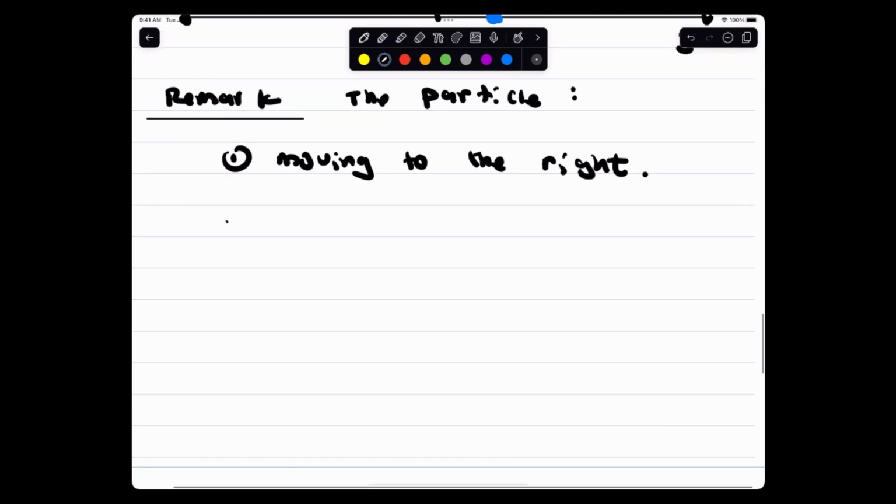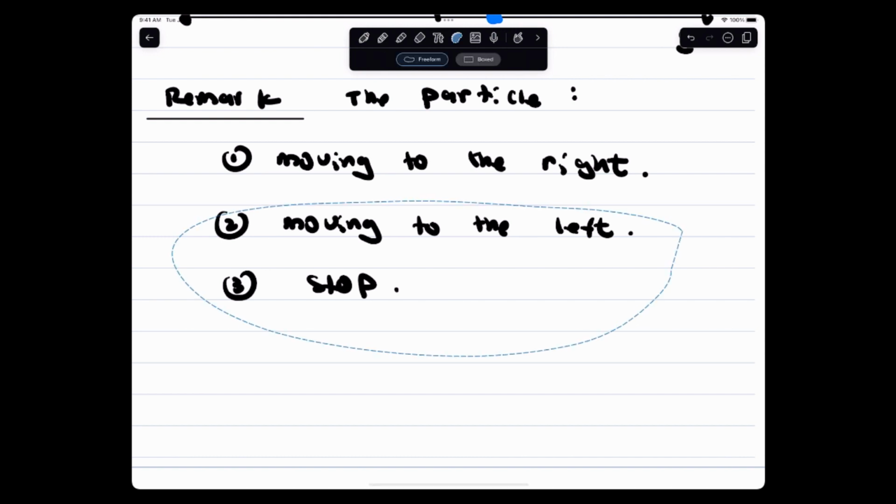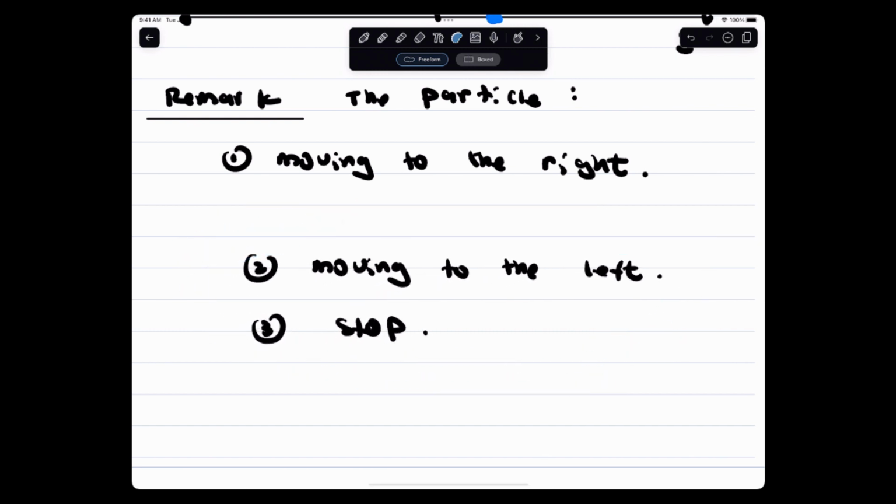The particle could be moving to the left. Or the particle is not moving at all. It could stop. Okay, you guys okay with that? So either your particle is moving to the right, or it is moving to the left, or it is actually stopped. It's still.